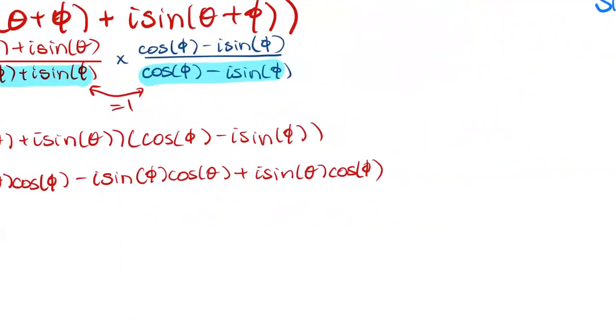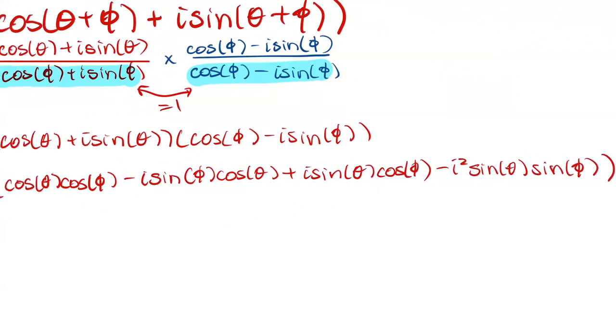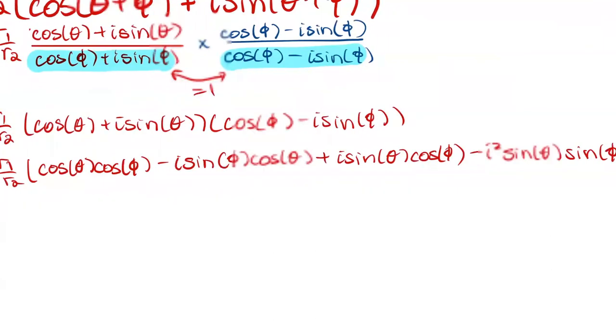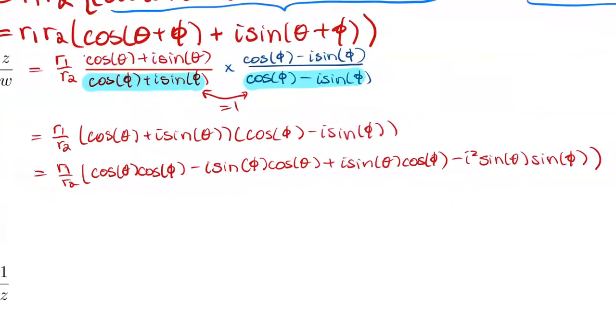And we also have minus i squared sine theta sine phi. Okay, so once we have this, we could separate them into their real and imaginary parts once again.